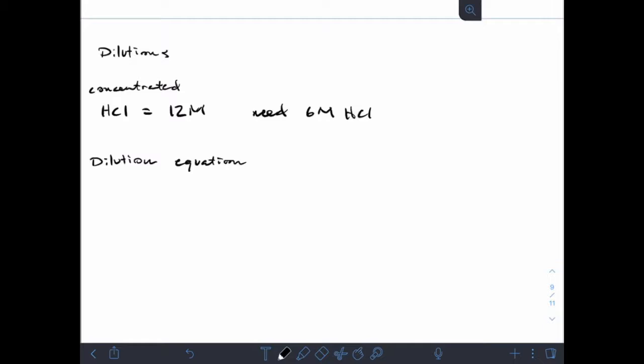You'll see the dilution equation in many different forms. The equation will always be the same, but typically you'll find differences in notation. They'll use different letters for concentration. The way I learned it and the way that I teach it is M1V1 equals M2V2, M standing for molarity.